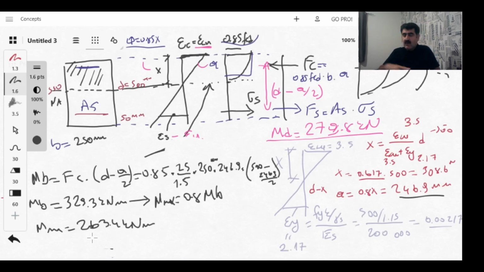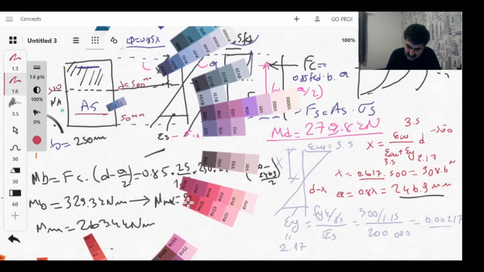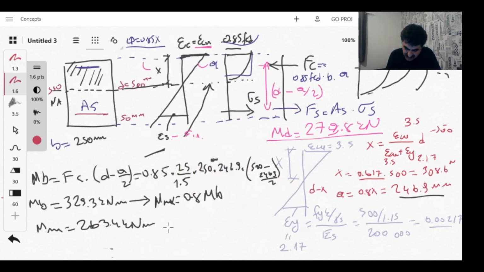What was the design moment? Our design moment is 279, as you remember, and this maximum moment is smaller than the design moment MD.